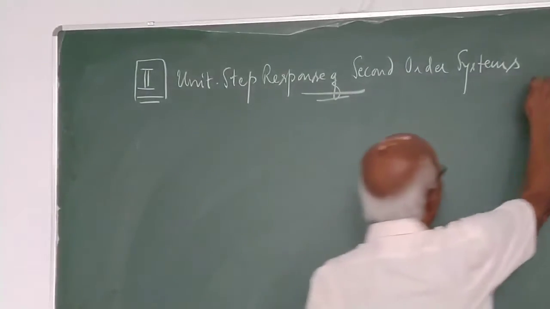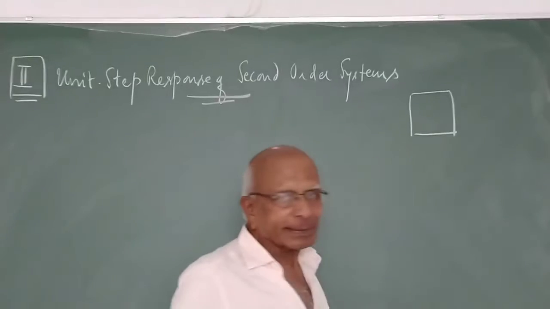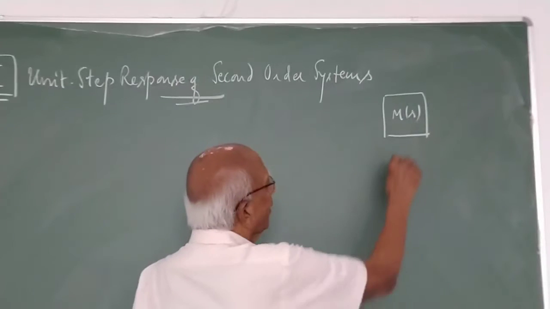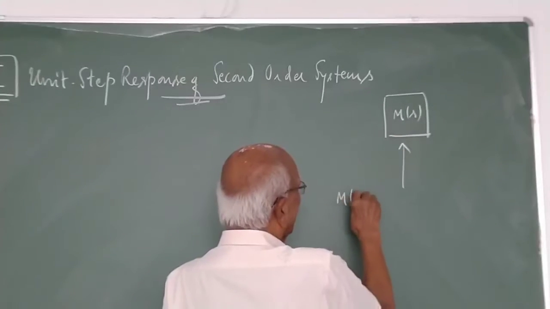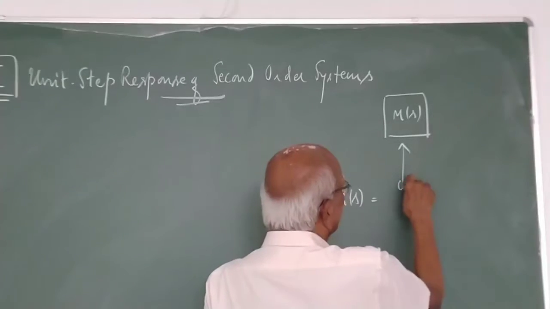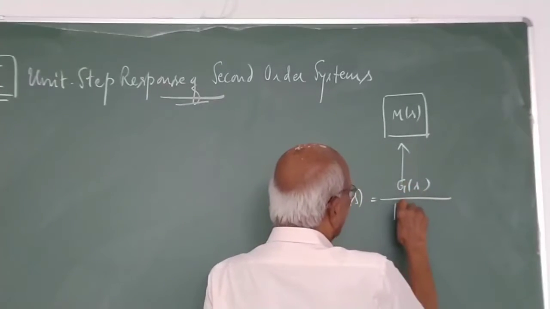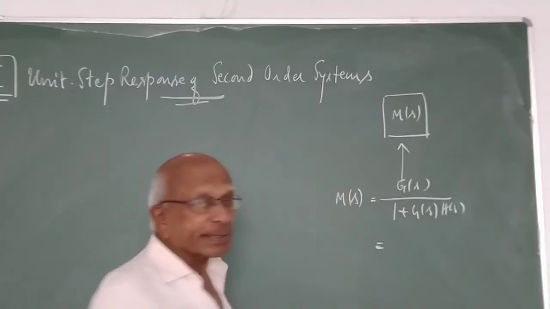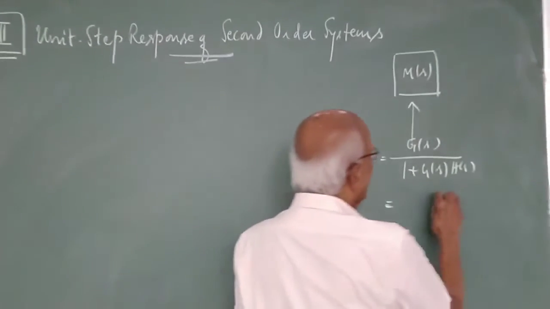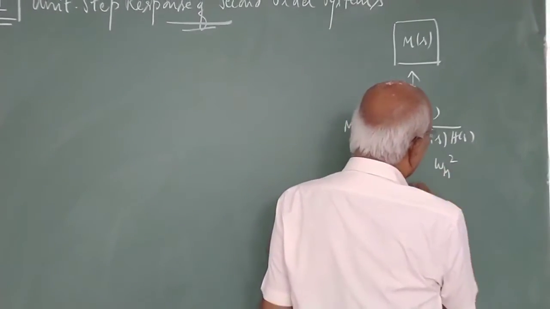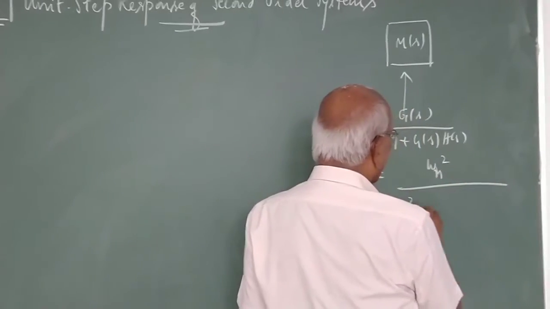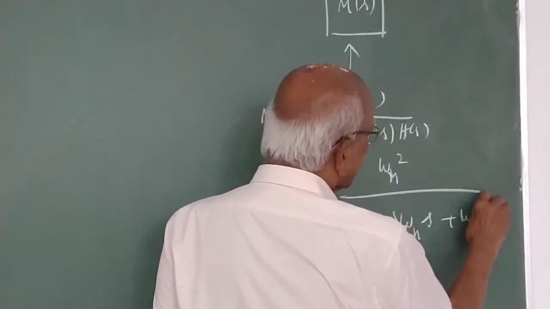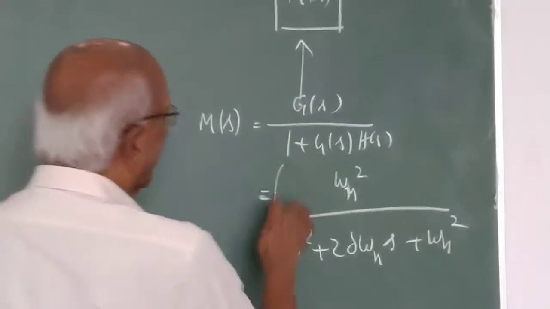So you have, as usual, a system represented by a block like this, whose transfer function is M of s. You remember, in the expanded form for a second order system, that is G of s over 1 plus G of s into H of s, simplified or arranged in standard form, must give omega n squared divided by s squared plus 2 delta omega n s plus omega n squared, or some constant may come along with this.